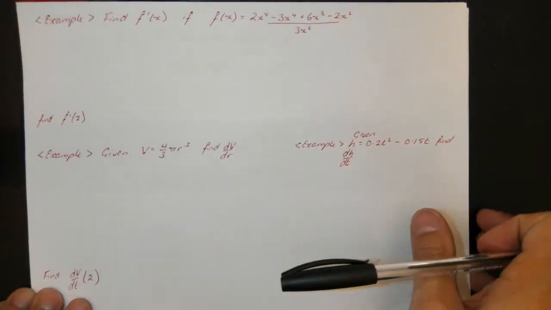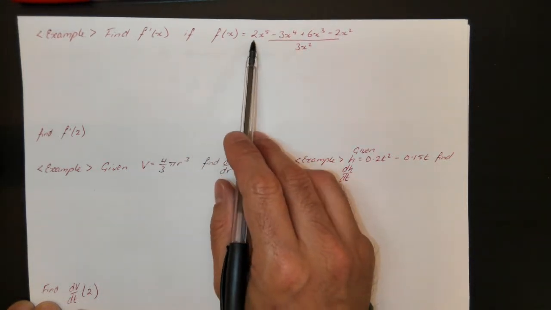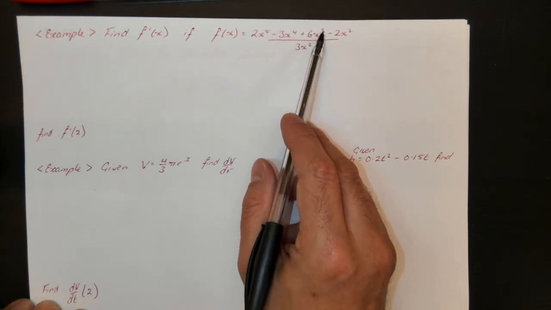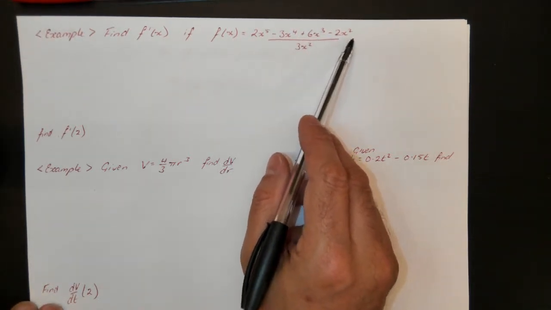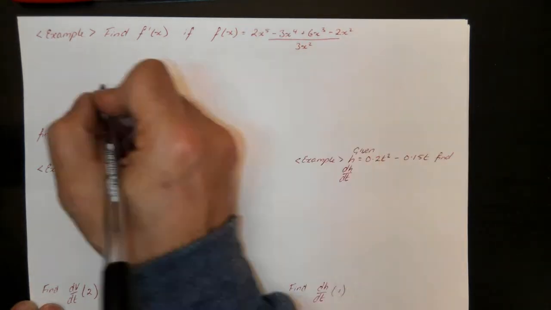Okay. Let's say we want to find f of x. If f of x is 2x to the power 5 minus 3x to the power 4 plus 6x to the power 3 minus 2x to the power 2, all over 3x squared. Well, the first thing we want to do is split everything up.